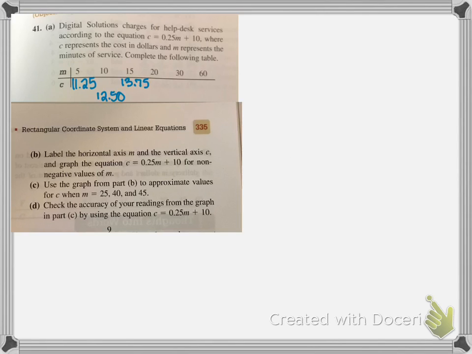Okay, 20 minutes. 15. 30. 17.50. And 60. 25. Perfect. Okay. So that is how much money it would cost you to be on the phone with tech support or the help desk for any given amount of time.